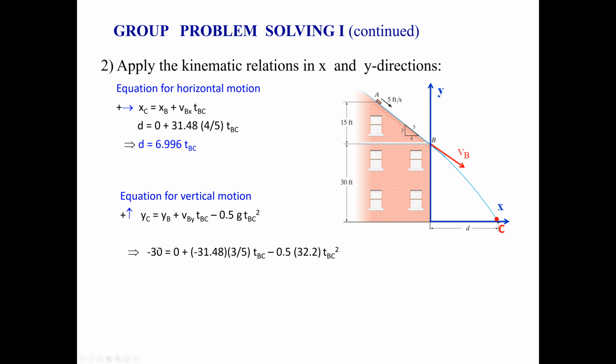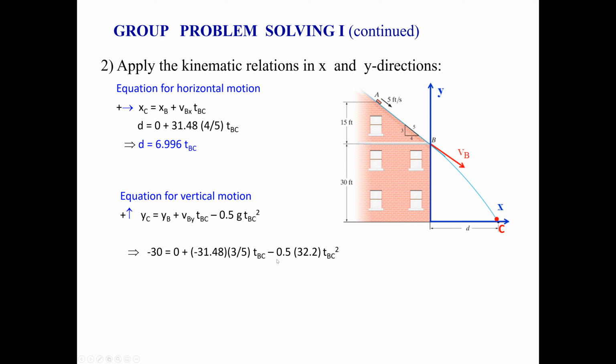The author said we'll say YB is 0, and then YC is 30 feet down from that, so that gives you minus 30. Then plugging in for the BY component, and notice the direction of this. It's in the negative Y direction, so it's a negative value.